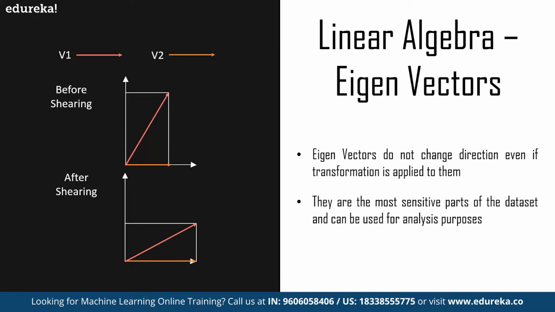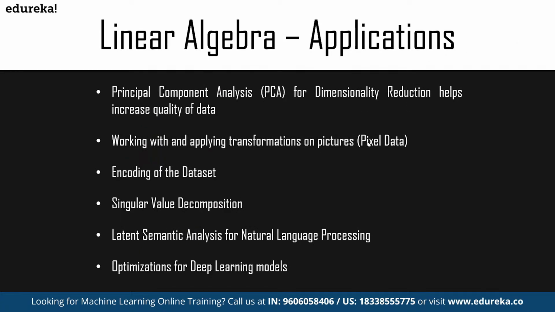But what is the main significance of using eigenvectors? What real purpose do they serve? So basically, there are multiple applications of linear algebra in machine learning that we are going to discuss. First of all, the first use case is principal component analysis, which we refer to as PCA.